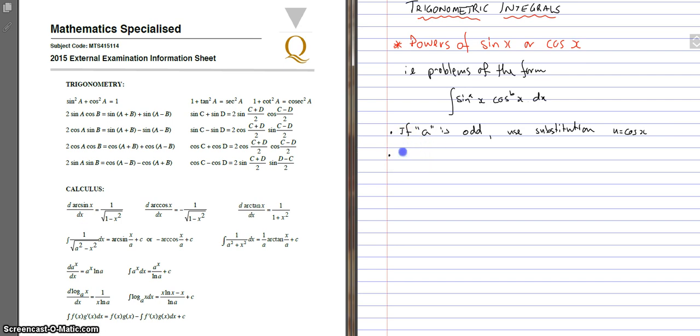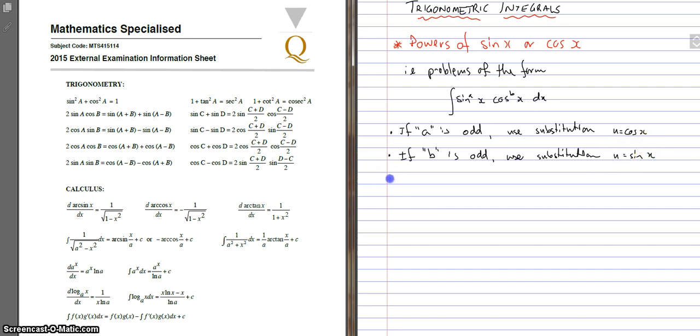Secondly, if b is odd, so the power of cos is odd, use the substitution u equals sine of x.